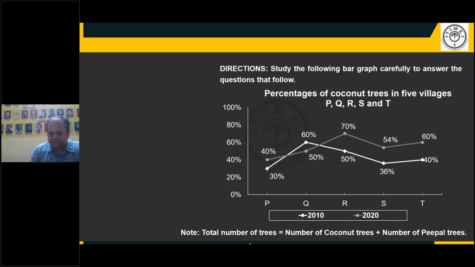The total number of trees is equal to coconut plus peepal trees. Needless to say, for village P, if 30% in 2010 were coconut trees, then 70% would be peepal trees. Similarly in 2020, 40% are coconut trees in P, so 60% would be peepal trees. So there are only two types of trees. The coconut tree data has been given, and we can find the peepal tree percentage by subtracting from 100. This is the data.